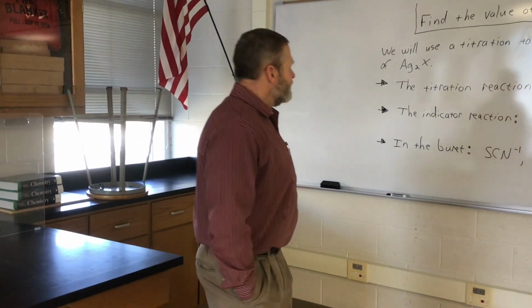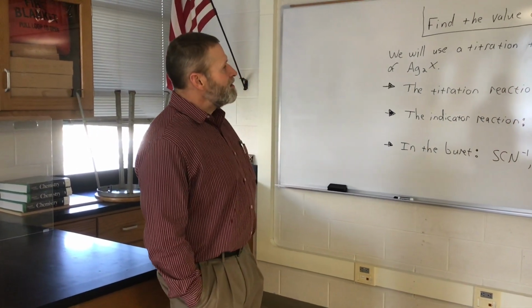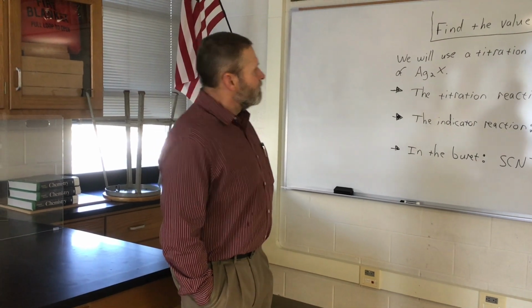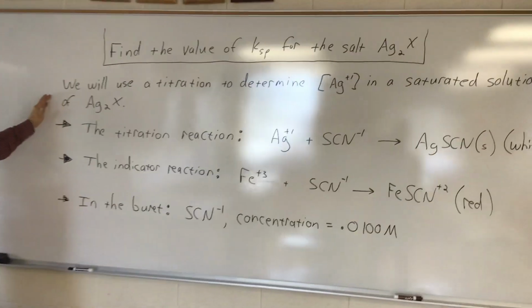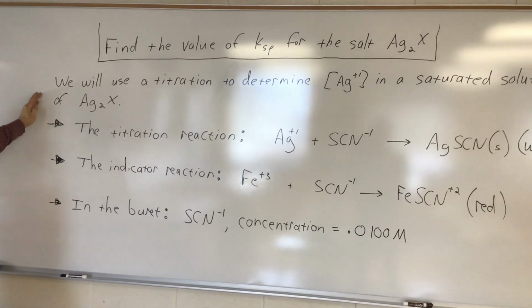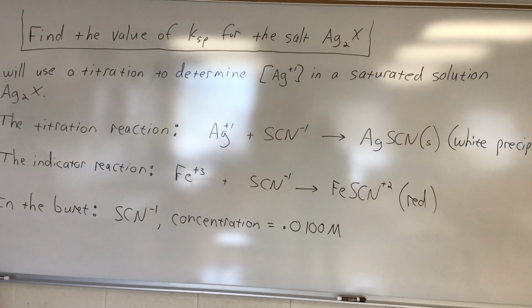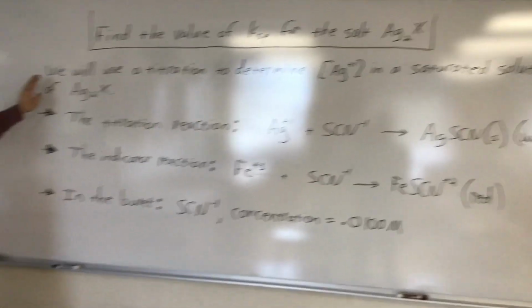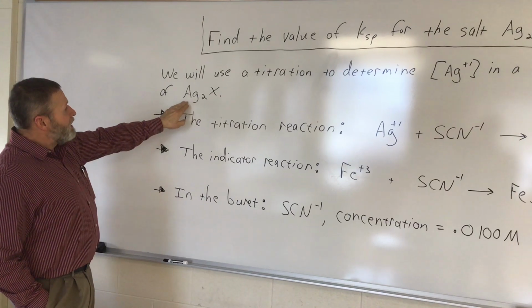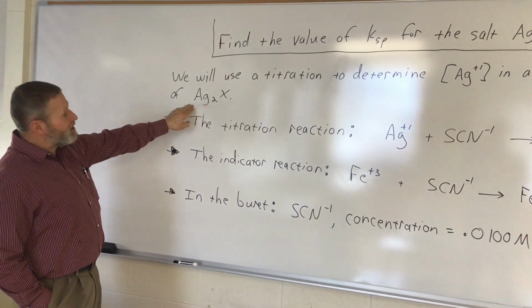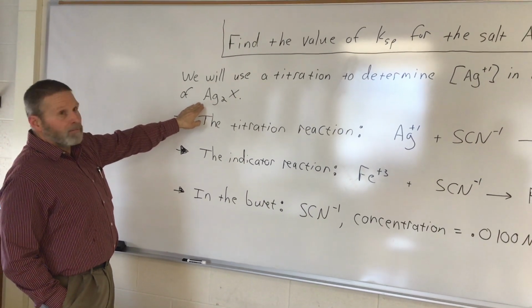You can see up here, we're trying to use a titration to determine the silver ion concentration. The way you have to think of this is, the silver ions are being created by this sparingly soluble salt, Ag2X.